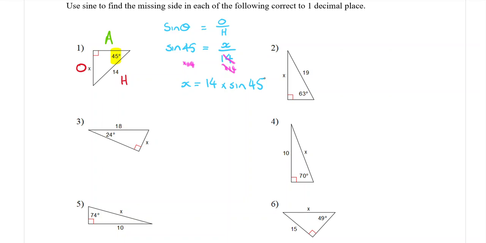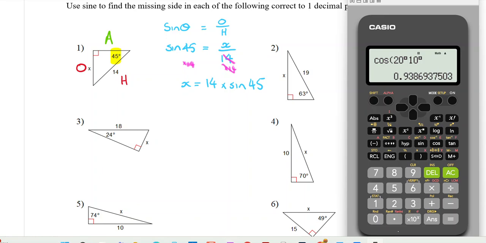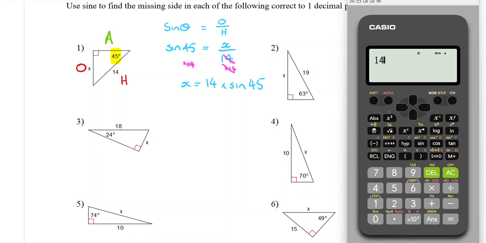Okay? And then finally, one last thing to do is type that into your calculator. So, calculator time, I'm going to do 14 times sine of 45 and press the equals button. And it says here, I want 1 decimal place.